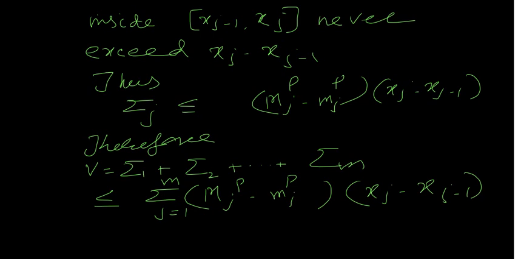Okay, this is it. And this one is equal to S upper star minus S lower star with respect to the partition P.